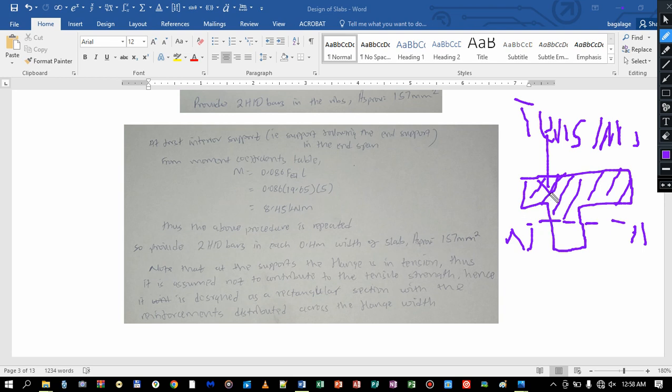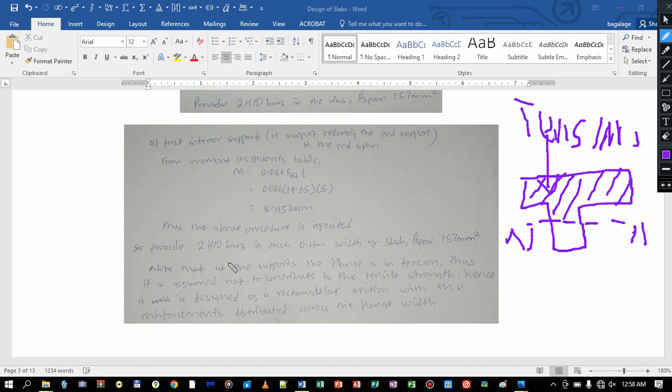Therefore, the flange does not play any part in resisting these tensile forces, so there is no need to consider it. So we design the section as a normal rectangular section.